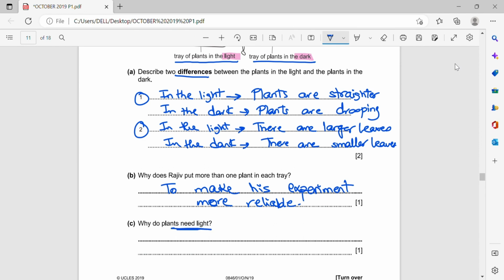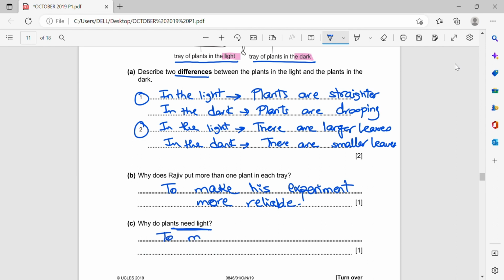Why do plants need light? Very easy question. They need light to make food, to grow, to produce energy. Through which process? A process by which the plant makes its own food. The process is named photosynthesis. But why do plants need light?